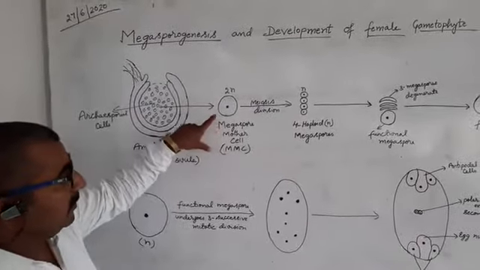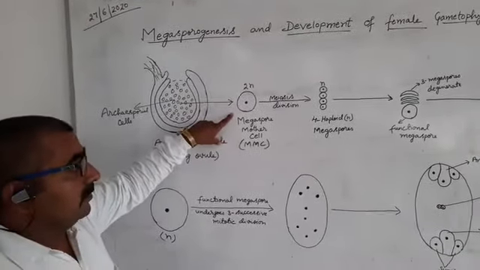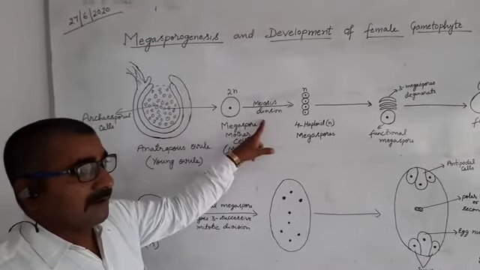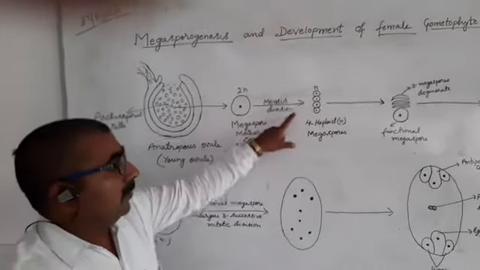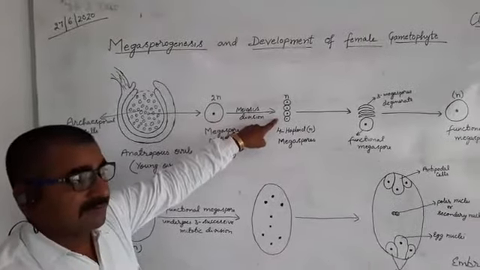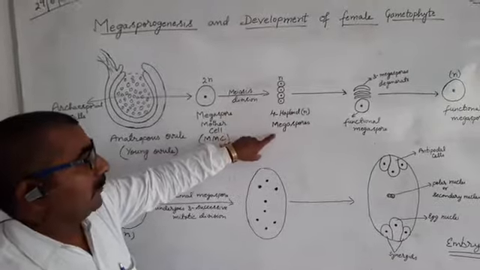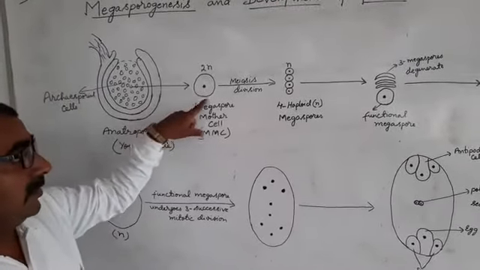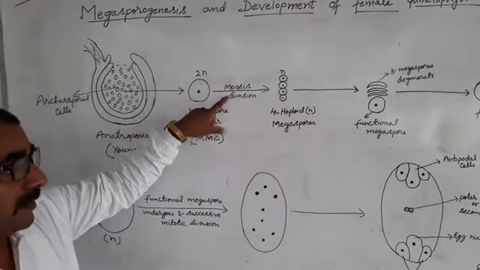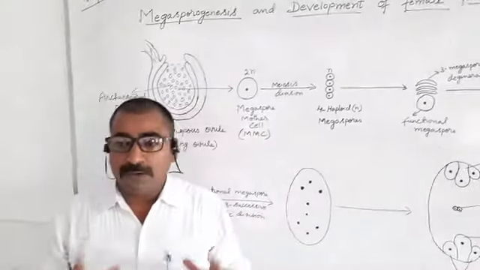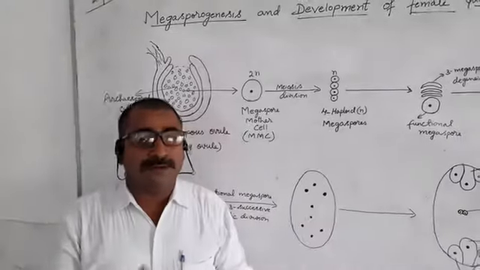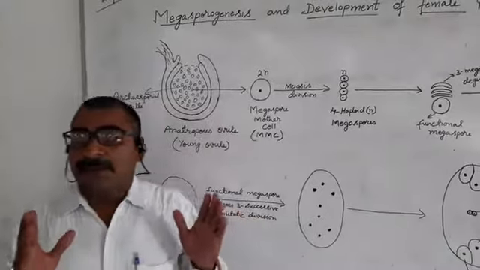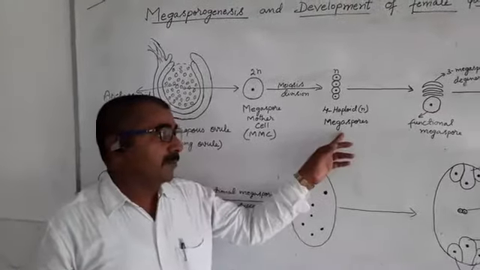Further, the megaspore mother cell undergoes meiosis, and as a result, 4 haploid cells are formed, which are known as megaspores.